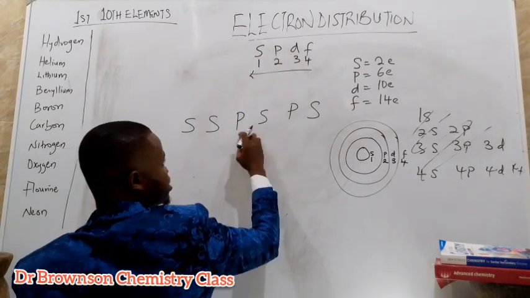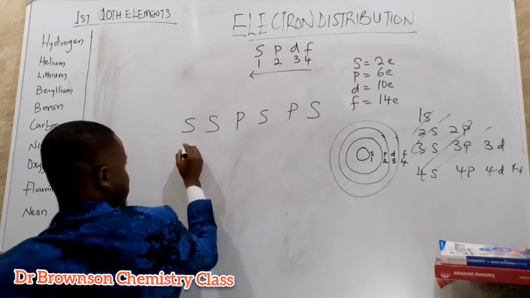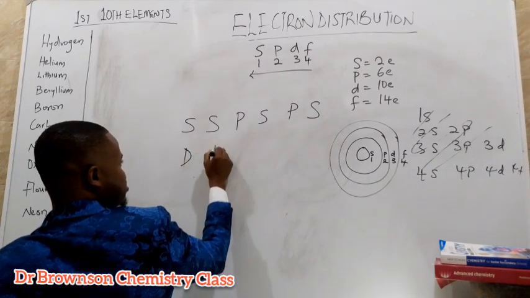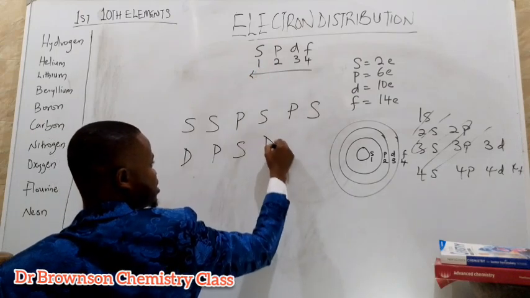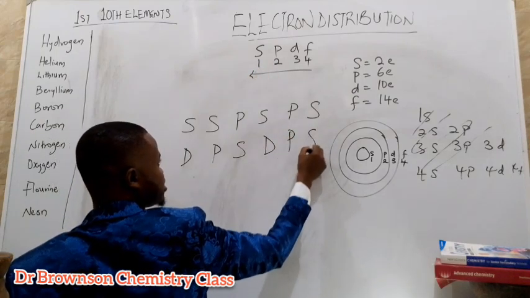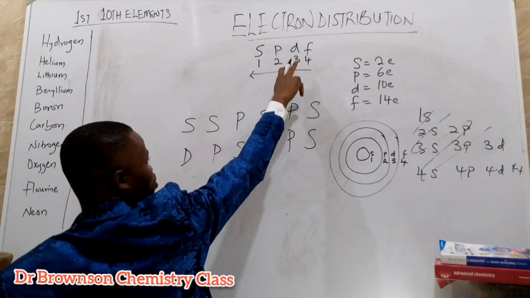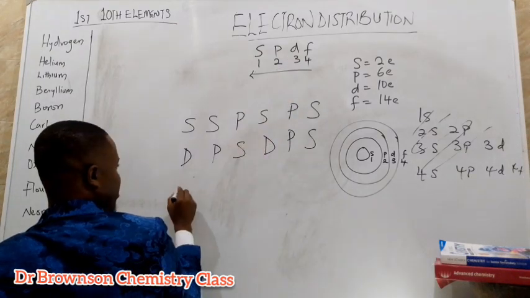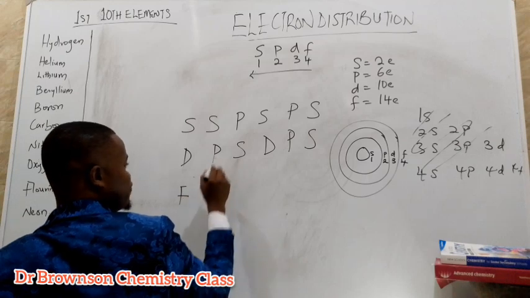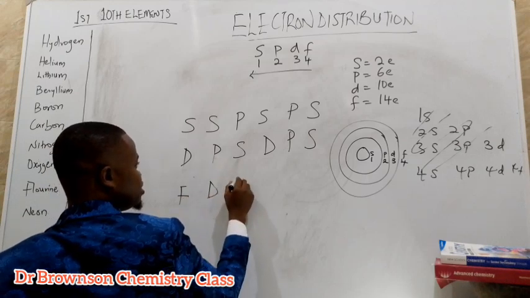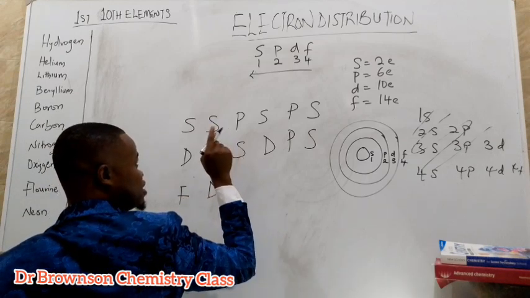So P S, P S. The next is D, P, S. D, P, S. Next is F, so you have F, D, P, S... F, D.